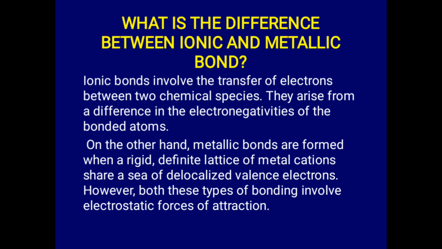That means there is an interaction between positive and negative substances that generates forces of attraction. But a clear difference is that ionic bonding occurs between two chemical species and is based on electronegativity difference, while metallic bonding is formed by the sharing of a sea of delocalized valence electrons within the lattice of a metal.